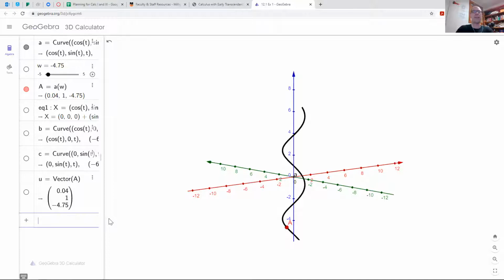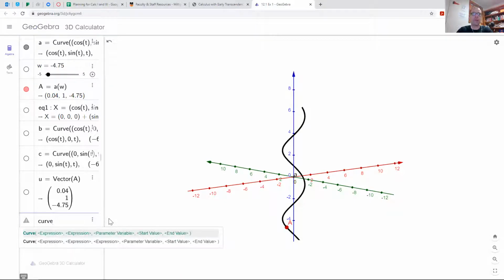In order to get a space curve, there are a couple of different ways to do it, but one of the most robust ways is to type in curve. What we're going to aim for is an expression in terms of t for the x component, then the y component, then the z component.